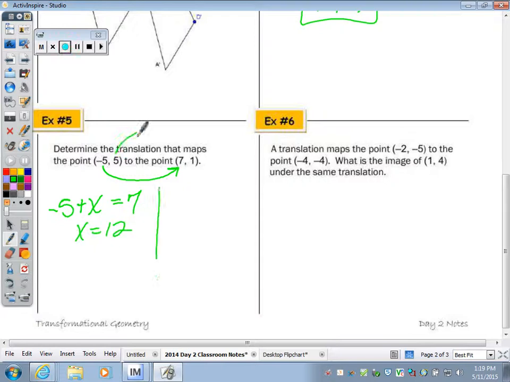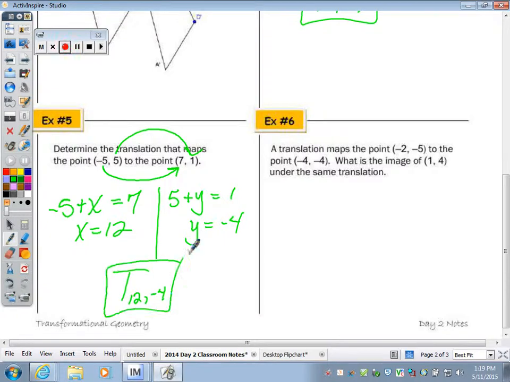How did you go from 5 to 1? If you can't see it, what did you add to it to get 1? When you subtract, you're adding a -4, or just simply subtracting. Okay? So the translation, T, is 12, -4.